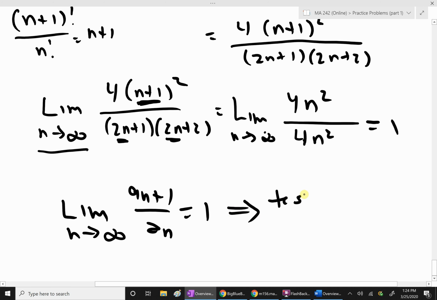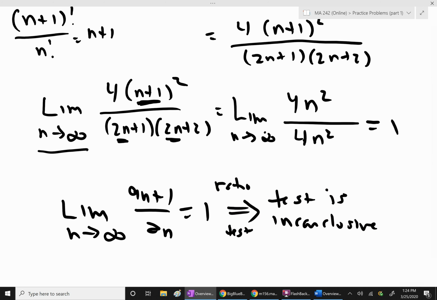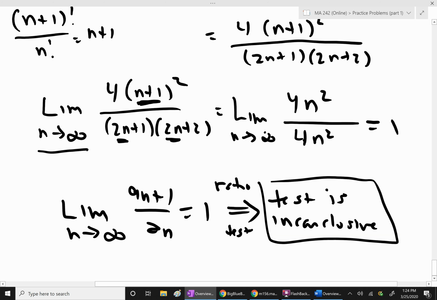Test is inconclusive. So we don't know. And moreover, there's no other test you can use to make that determination. So on an exam, you would just have to leave it like this. Okay?